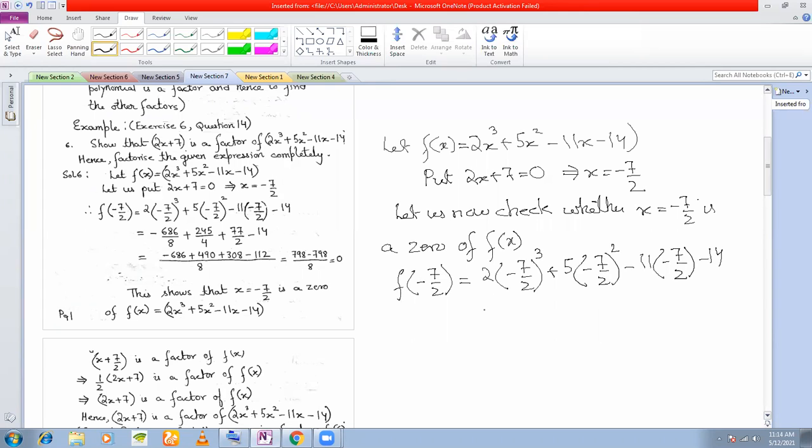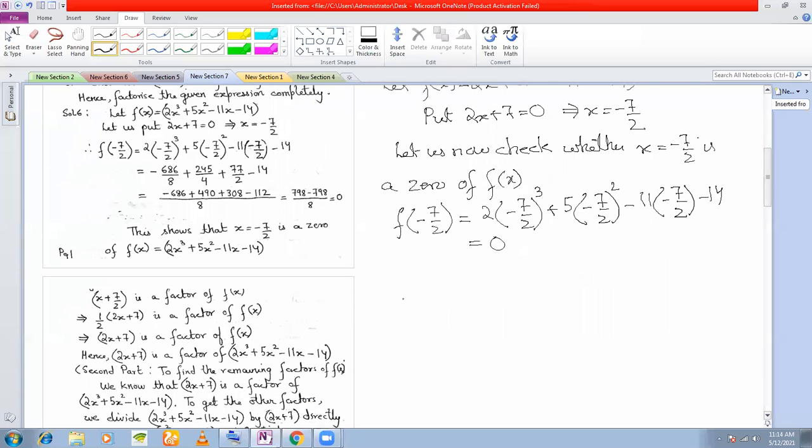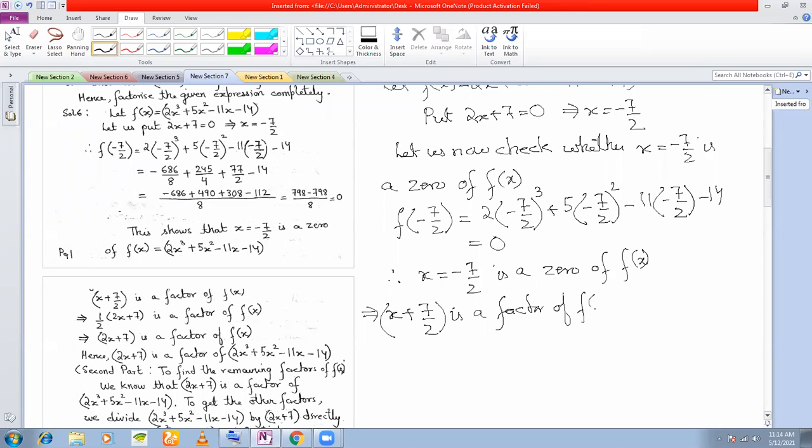You put it here and you check, you will get a 0. Okay. So what you see here is that you can say therefore x is equal to minus 7 by 2 is a 0 of f(x). That means you can say x plus 7 by 2 is a factor of f(x). Why? Factor theorem.